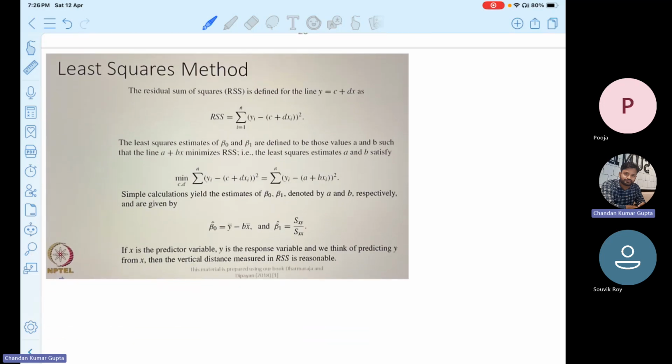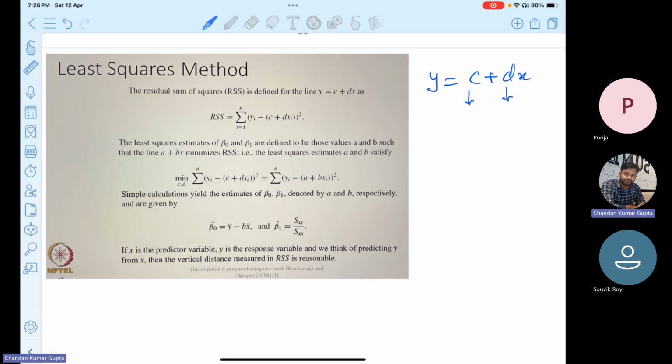Now, how to estimate those regression coefficients? That is done with the help of the least squares method, and in the least squares method we use the residual sum of squares. Suppose we are given a line like y equal to c plus dx, or y equal to mx plus c kind of line, where c is the intercept and d is the slope.